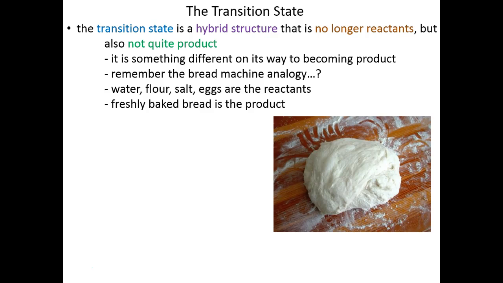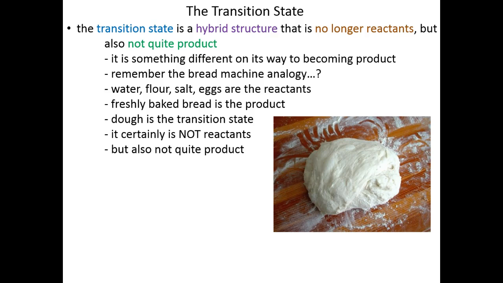If water, flour, eggs, and salt are the reactants, and freshly baked bread is the product, then this, right here, is our transition state. It is certainly not water, flour, eggs, and salt. It is not reactants.